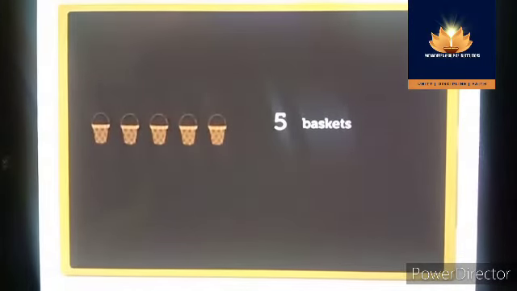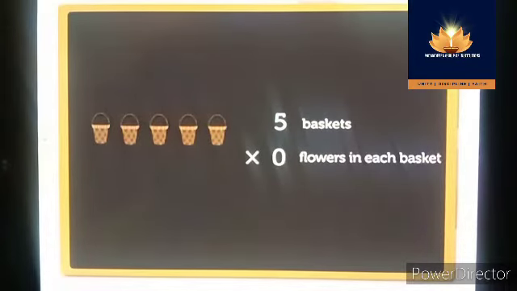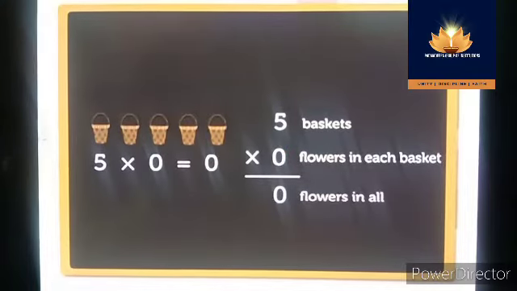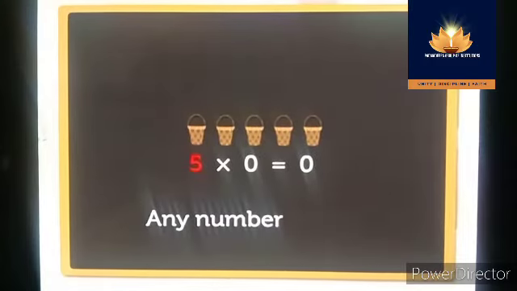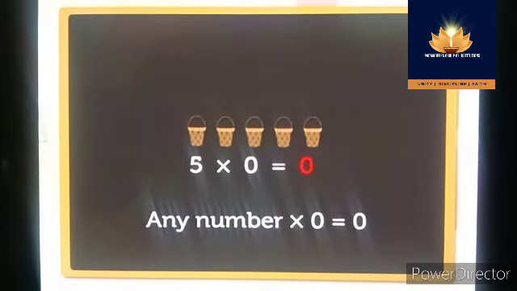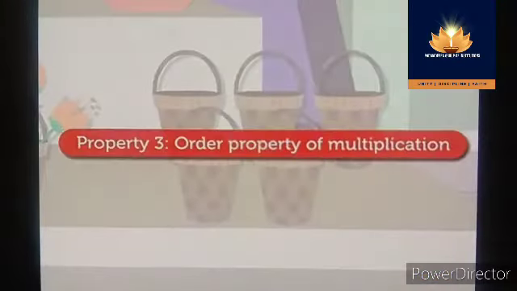Here there are 5 baskets, but there are no flowers in each. That is, there are 0 flowers in each. So 5 into 0 is equal to 0. We get 0. So any number multiplied by 0, we get the product as 0.